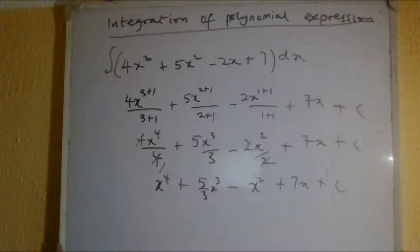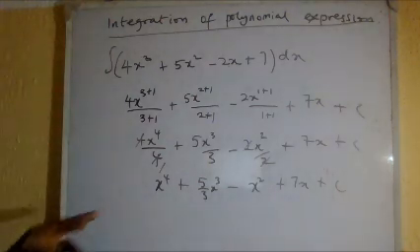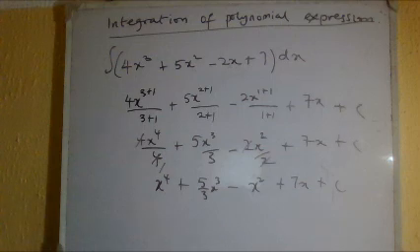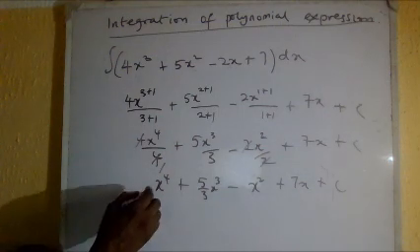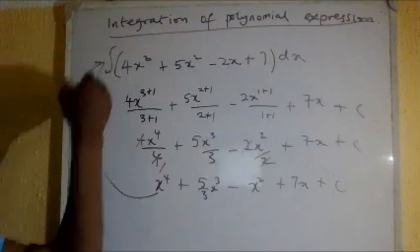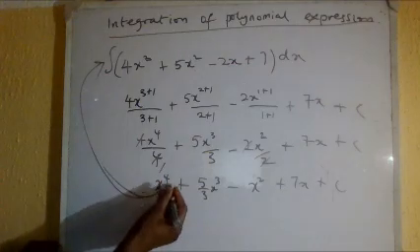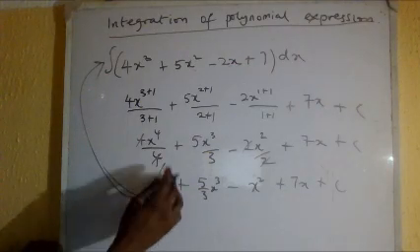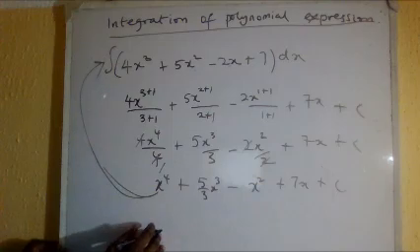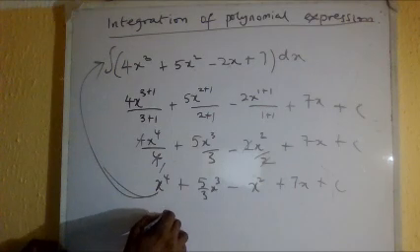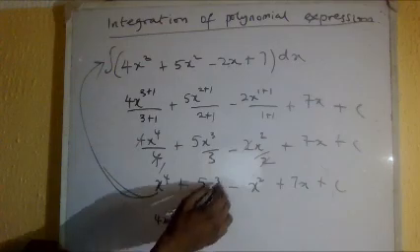But because integration is anti-differentiation, if I differentiate this one back, I must get this. How do we differentiate? 4 will come down, right? And at the same time, minus 1 for the power. So 4x raised to the power 3 plus 3 will come down. When 3 comes down, this will cancel.